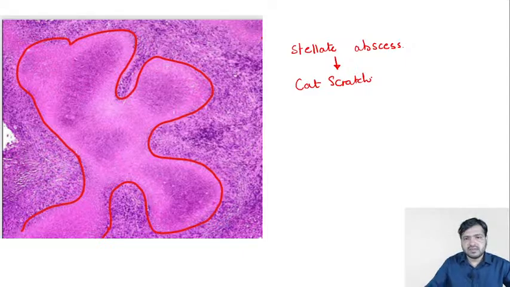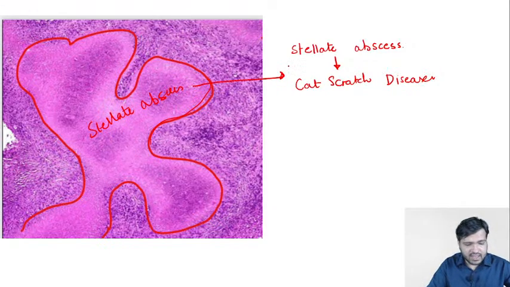You can see this is a stellate like structure. So this is a stellate abscess, and it is seen in cat scratch disease.